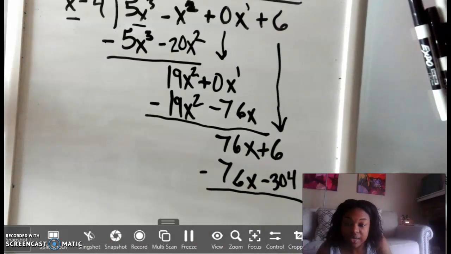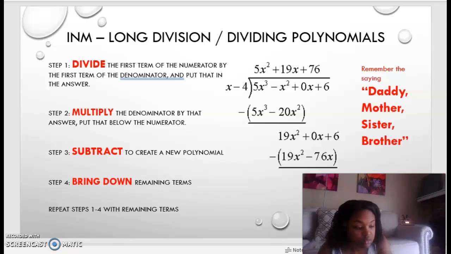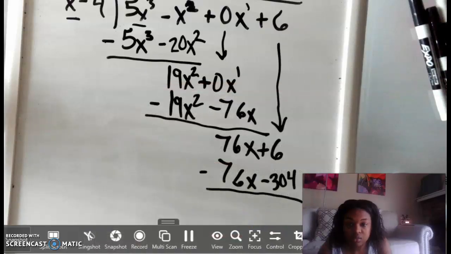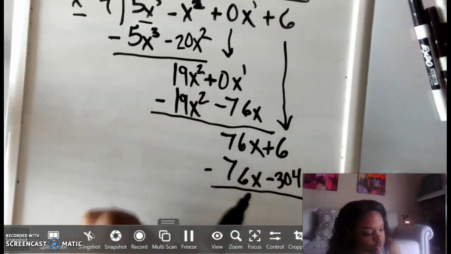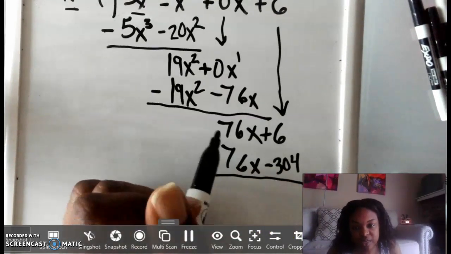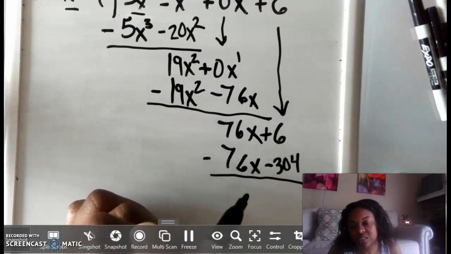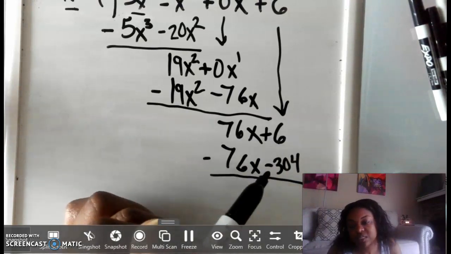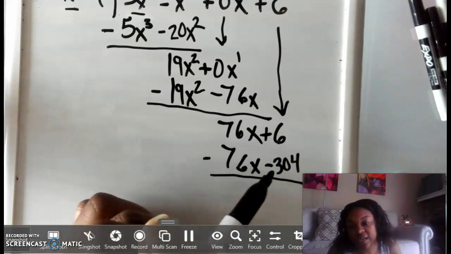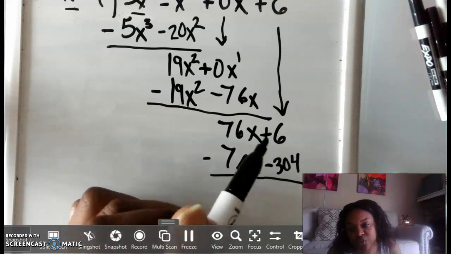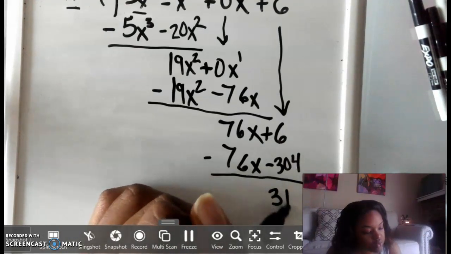Alright, we're going to subtract. Oh, sorry, I switched the screen. So we're going to subtract now. 76x minus 76x is 0. 6 minus negative 304, that's like adding a positive. So it's 304 plus 6, which is 310.